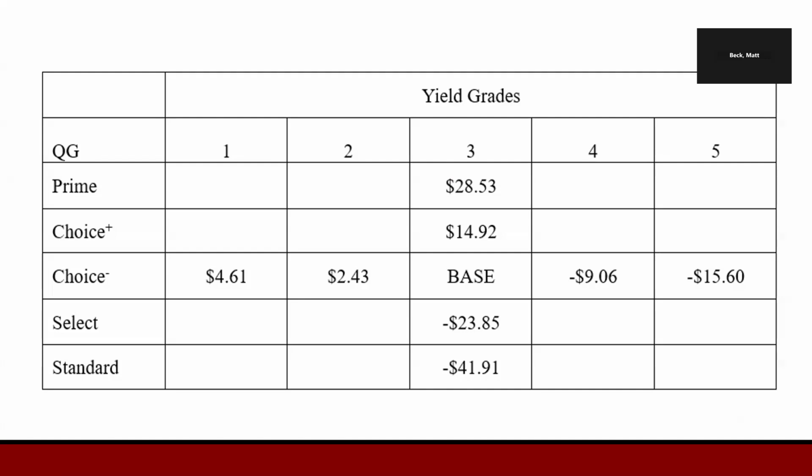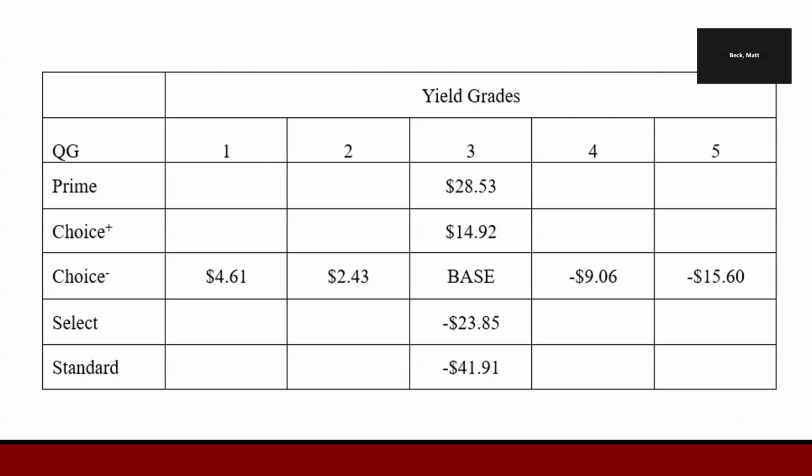So how would we complete this grid? If I had a yield grade 1 prime, what would the premium be? About $32, $33.